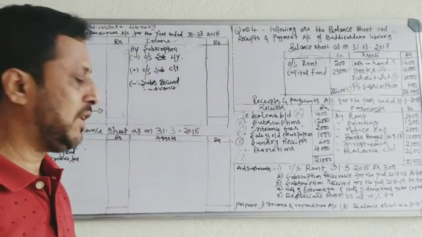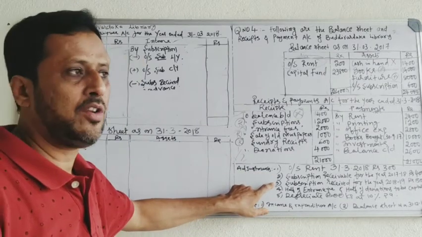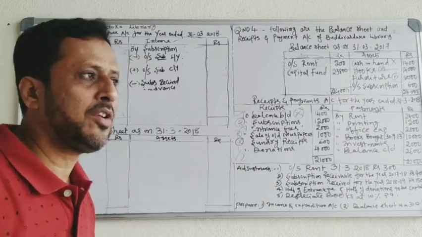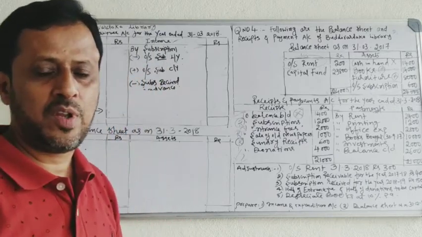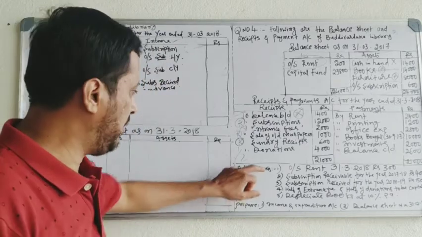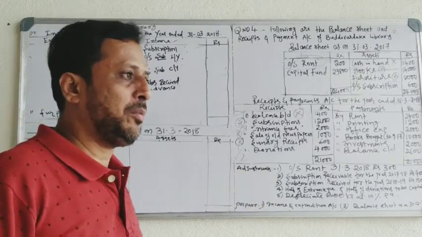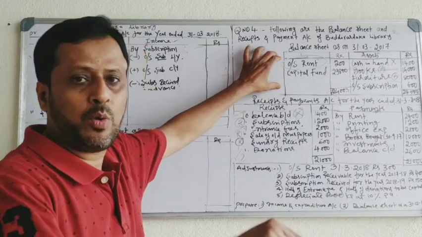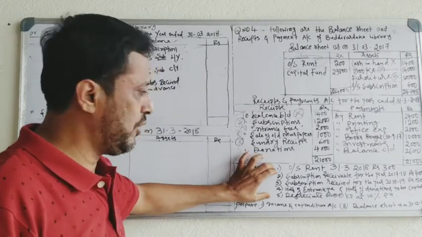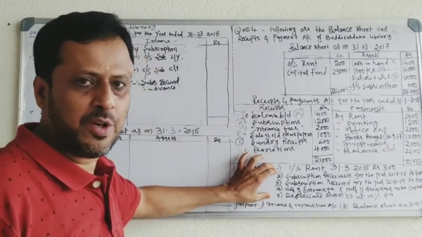Subscription received in advance given in the adjustment for the current year, you have to deduct. What is subscription received in advance? Subscription of next year received this year. So you deduct it if it is given in the adjustment. Subscription received in advance given in the balance sheet, you add; given in the adjustment, you deduct.